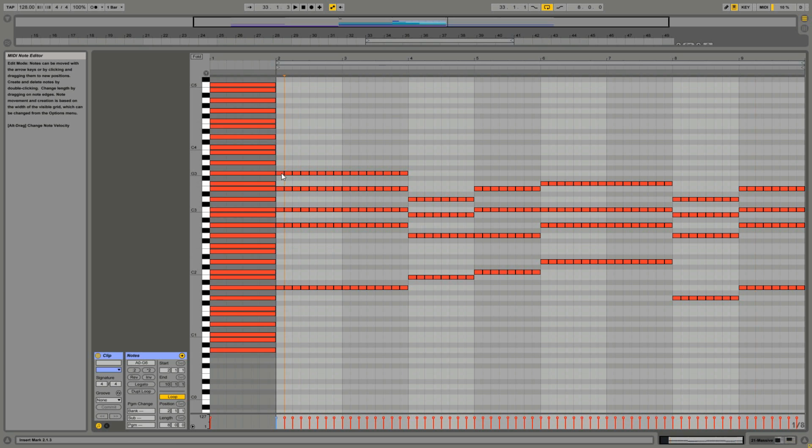and this G is the 7th degree of the scale, starting with A, 1, 2, 3, 4, 5, 6, 7. So it's called an A minor 7. So let's listen in.